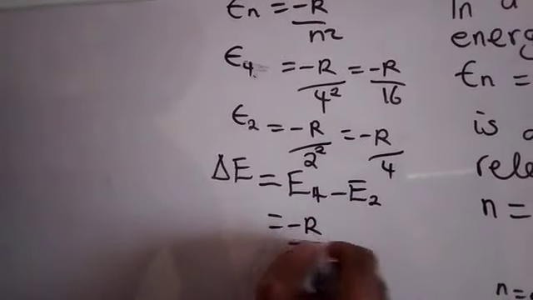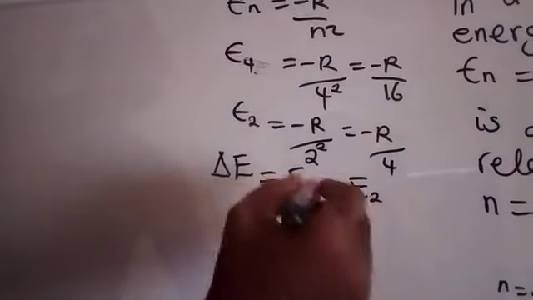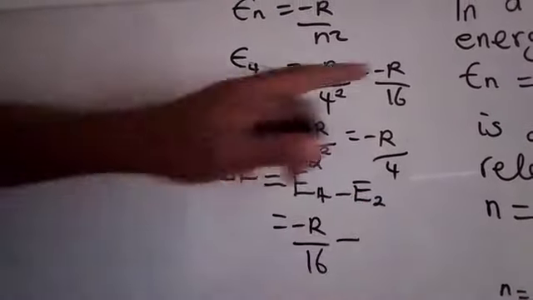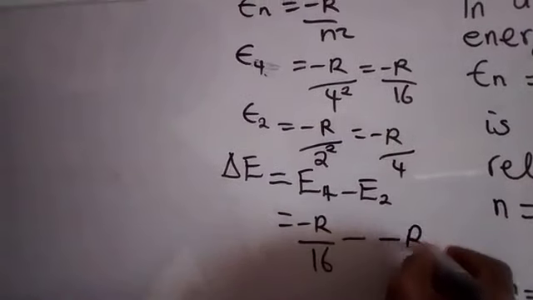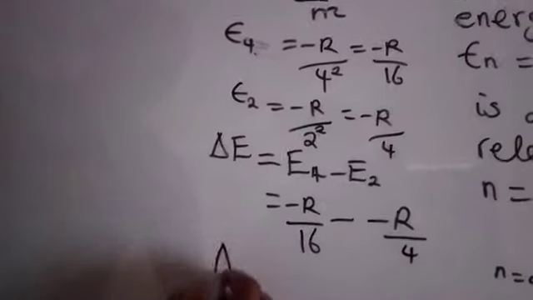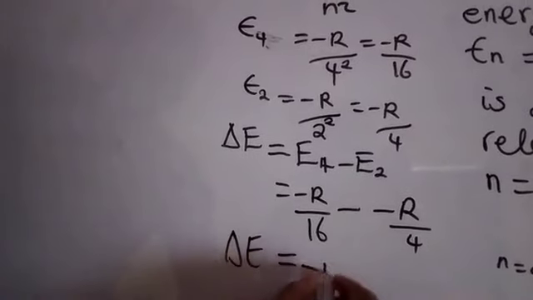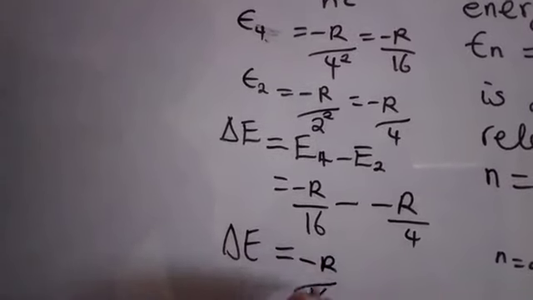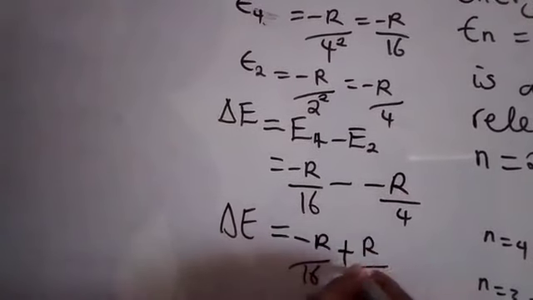Minus R over 16, minus, remember, difference in energy. Now what is energy in 2? Energy in 2 is minus R over 4. So the difference in energy it is going to release to return home is minus R over 16. Minus minus will give you plus R over 4.